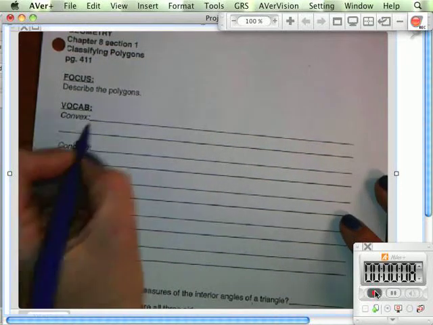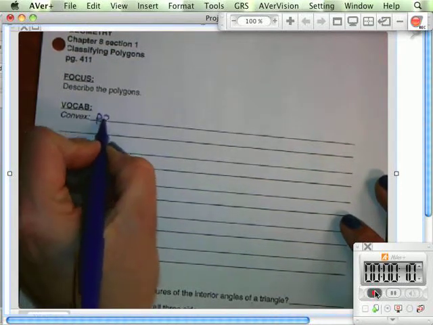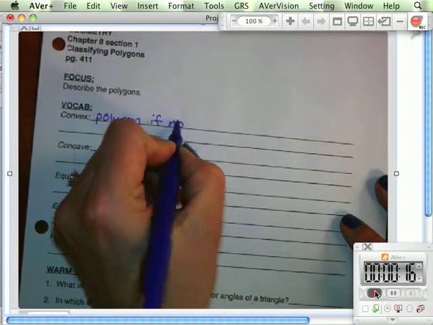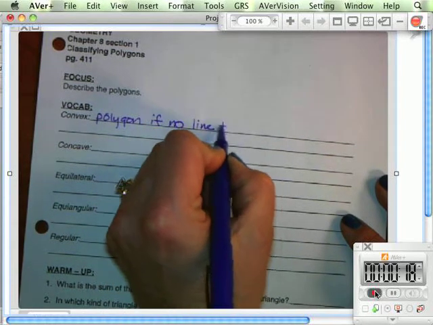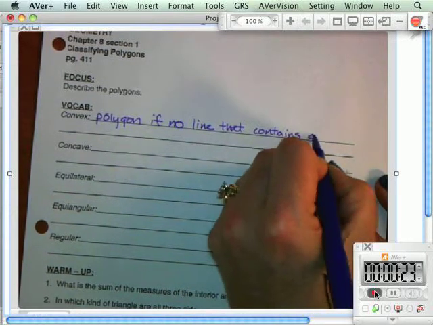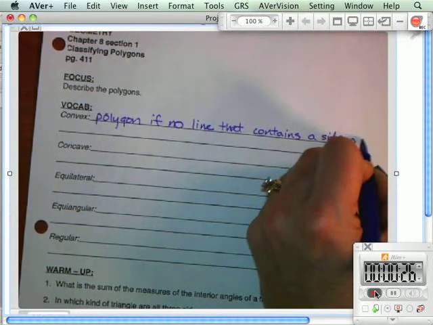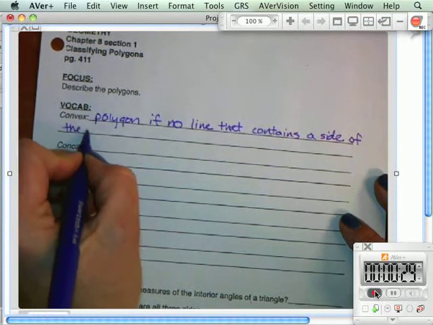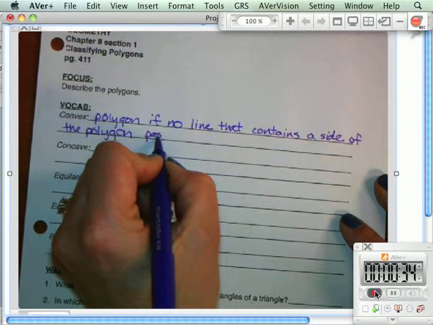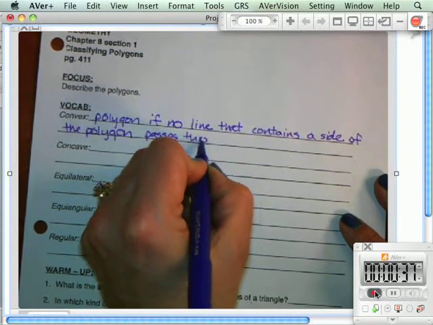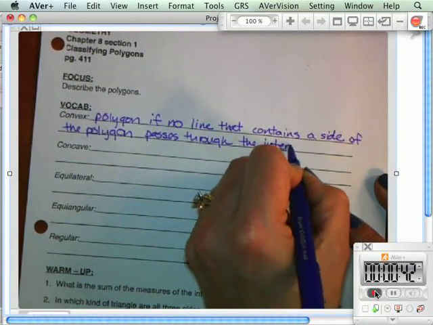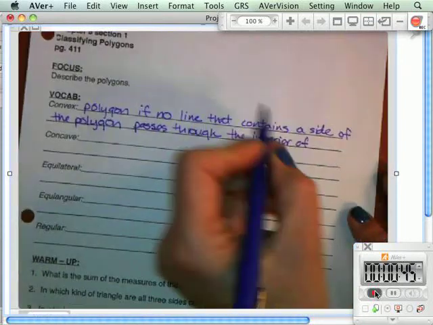So, a convex polygon is a polygon if no line that contains a side of the polygon passes through the interior of the polygon.